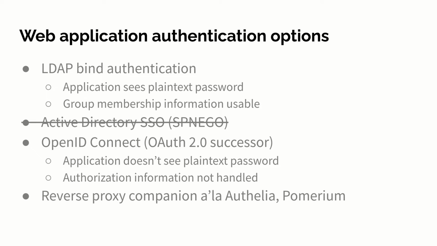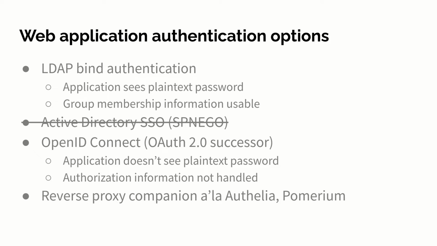Now, the cool thing about OpenID Connect is that the application doesn't see the password, and during authentication stage, user is just redirected to the identity provider software, and then they get redirected back to the web application. And one of the problems I noticed with OpenID Connect is that there is no handling of authorization information.